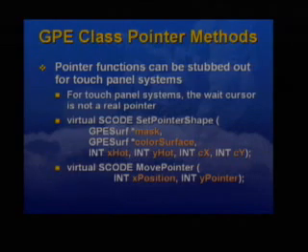Now, the pointer functions in Windows CE for touch panel devices can actually be stubbed out. And this is great. If you think about it, what's the one pointer that we all need in Windows? You cannot survive without the hourglass. Forget the arrow. We need the hourglass, because on touchscreen devices, we don't have the arrow. On touchscreen devices, you actually get rid of most of the cursor component in GUI.